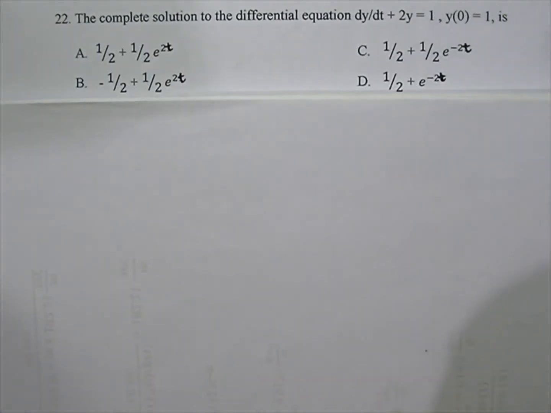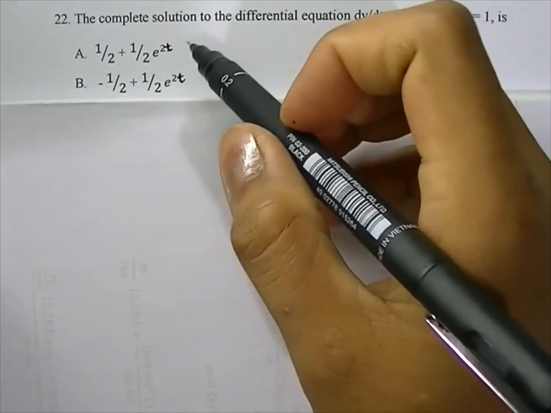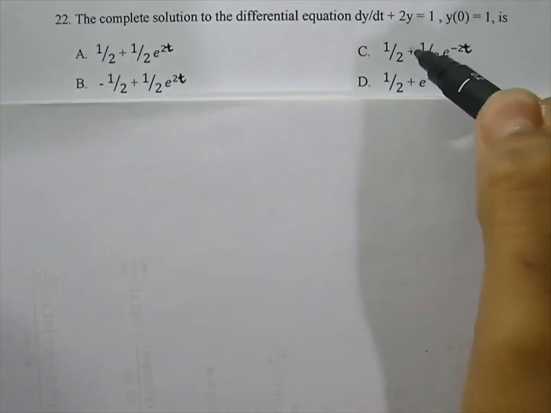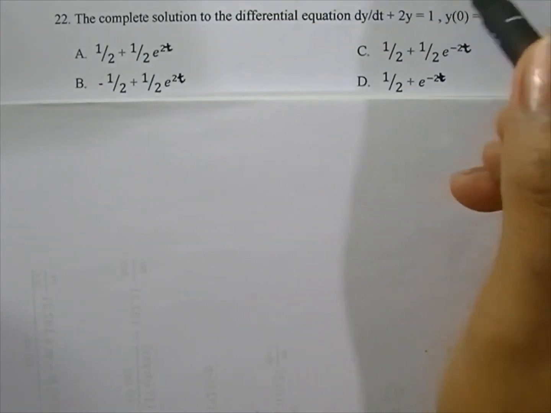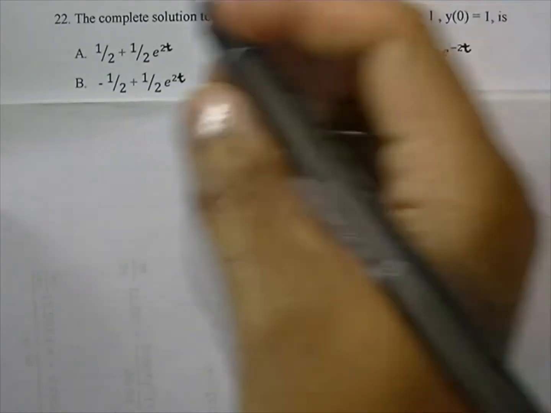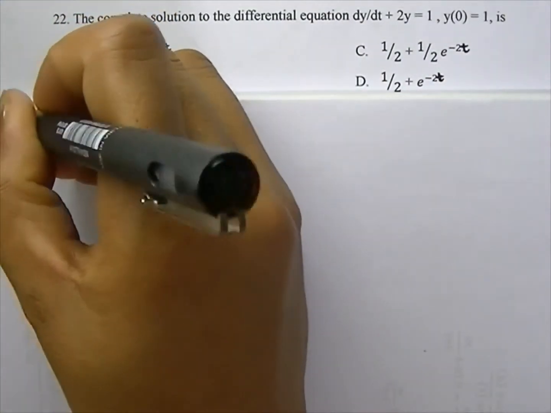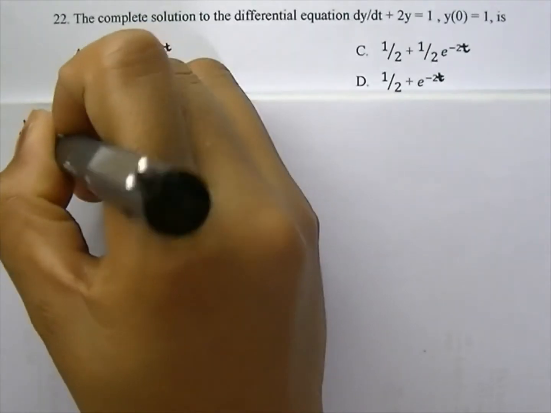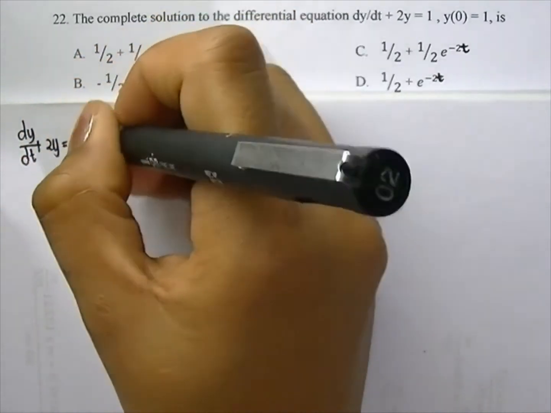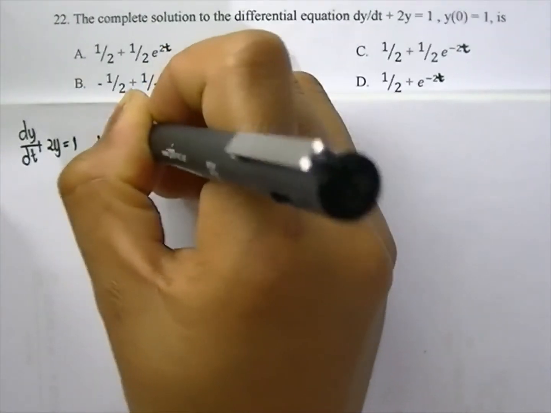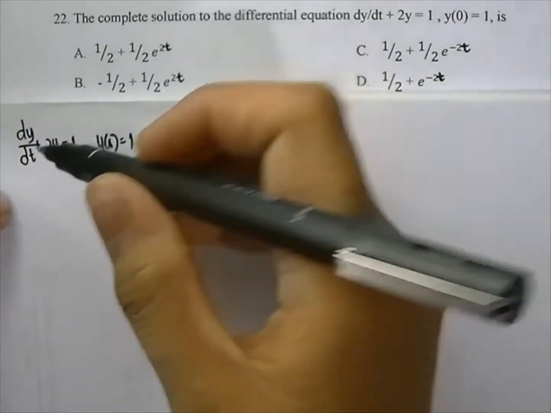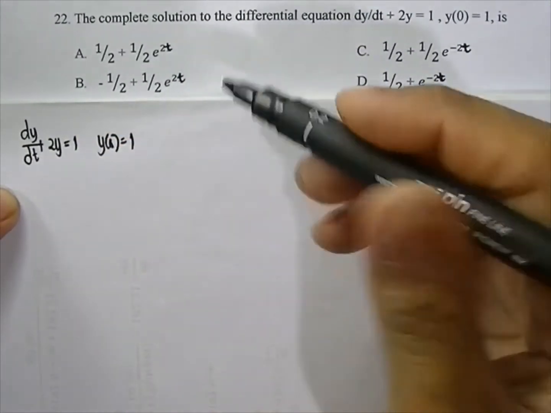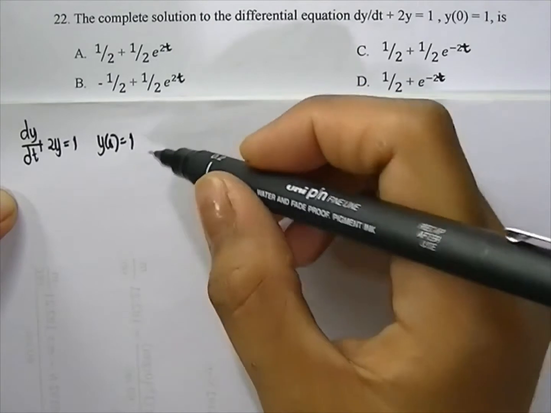Number 22. The complete solution to the differential equation dy over dt plus 2y equals 1 when y of 0 is 1. So as you can see, this is a linear differential equation linear in y.